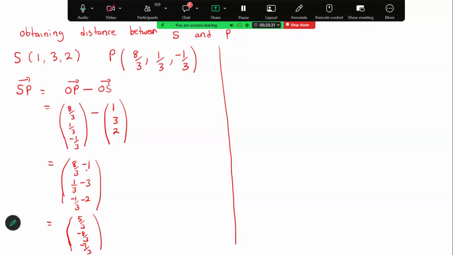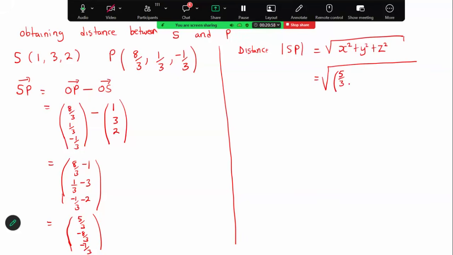Now this is your SP. Now in order for you to get the distance, it is going to be the magnitude. So I'm going to say our distance, SP magnitude, is the same as x squared plus y squared plus z squared, all under a square root. So now please show all your working. We shall have 5 out of 3 squared plus negative 8 out of 3 squared, then plus negative 7 out of 3, everything squared.